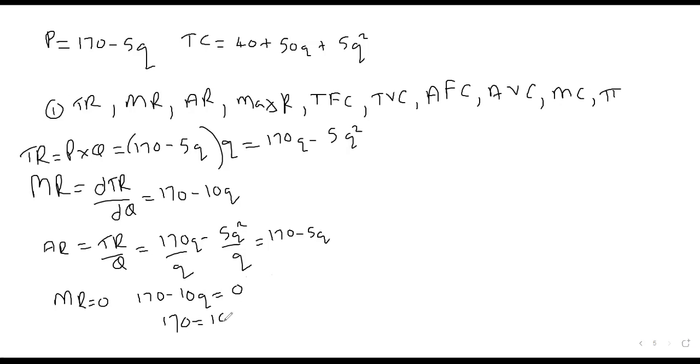So we divide both sides by what? 10. And our Q will be 17. So we're going to substitute the 17 back into the price function, which will give us our price as 85. So here, put 17 to be 170 minus 85, which is 85. So this is how we optimize the revenues.